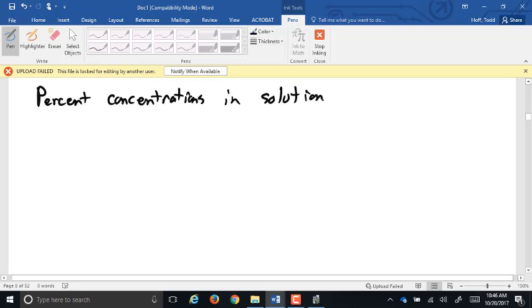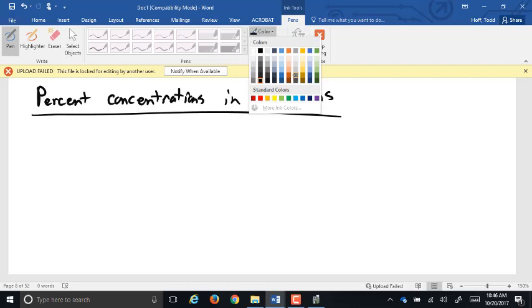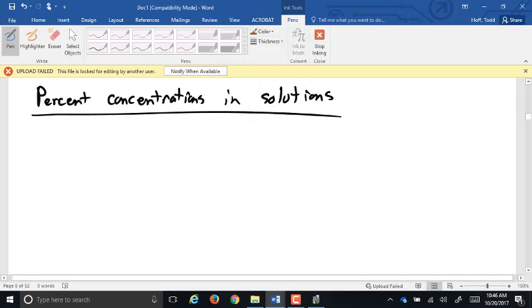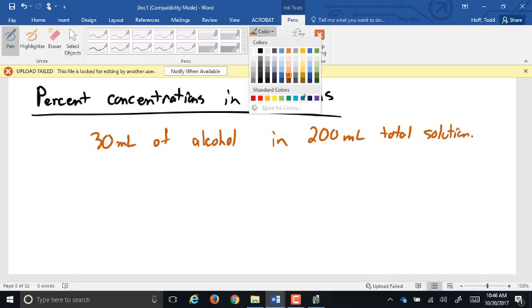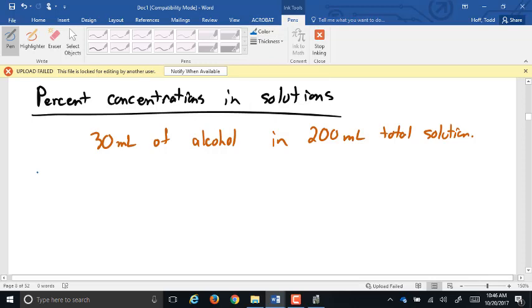So we're looking at percent concentrations in solutions. Now, a little note about solutions that we have to keep in mind. When we talk about putting 30 milliliters of alcohol in a 200 milliliter total solution, one of the reasons we do that is volume is not conserved.